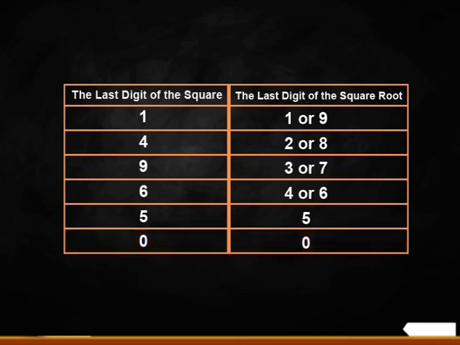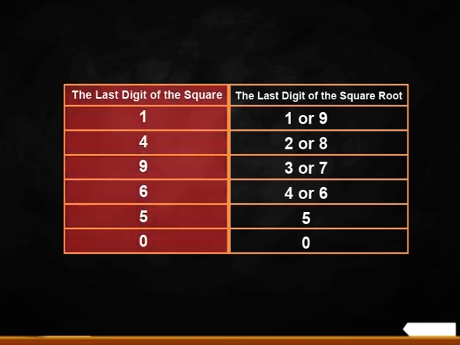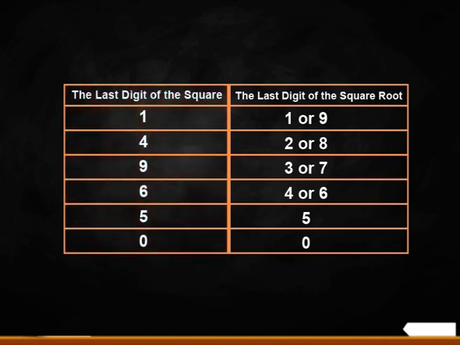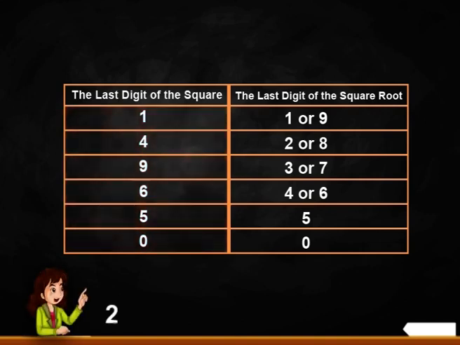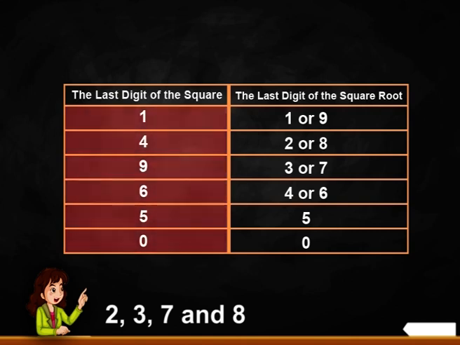Now, I want you to look at the column on the left. It reads last digit of the square, and the numbers contained in this column are 1, 4, 9, 6, 5, 0. Note that the numbers 2, 3, 7 and 8 are absent in this column.